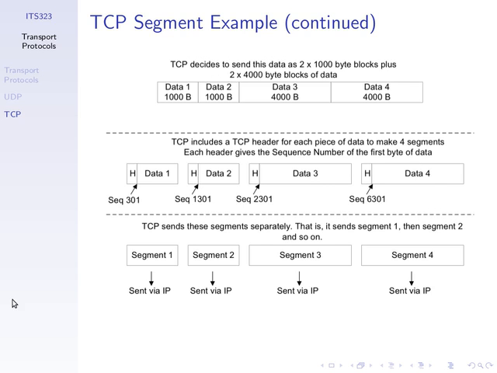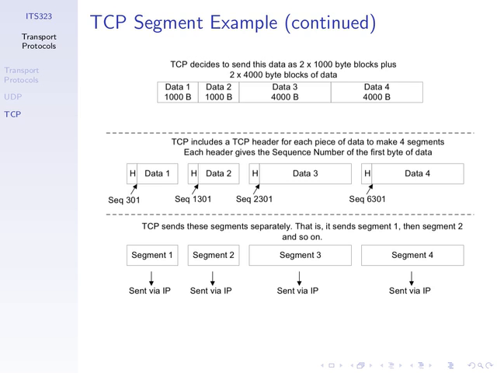So what TCP does is it creates 4 different segments. It takes those 4 chunks of data, attaches a header to each, a TCP header, and it's going to send those 4 segments across the internet. That's shown here: the 4 chunks of data, attach the header, H, and in the header we set all the fields to the appropriate values.